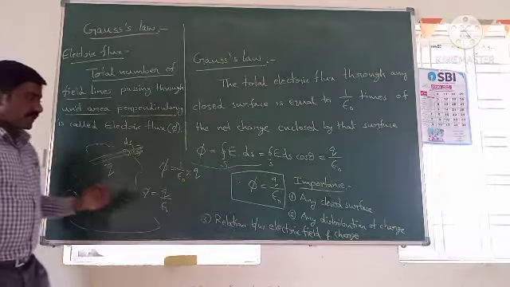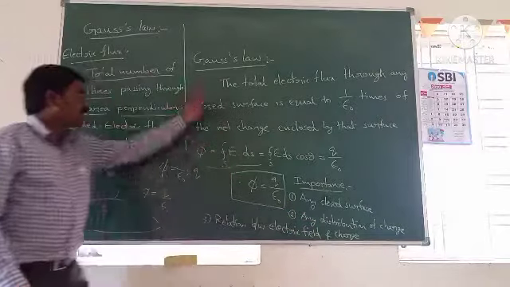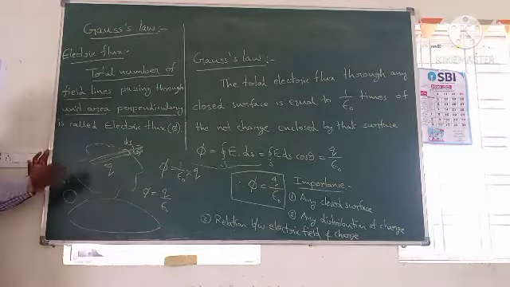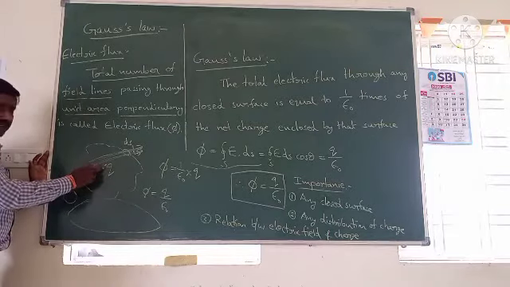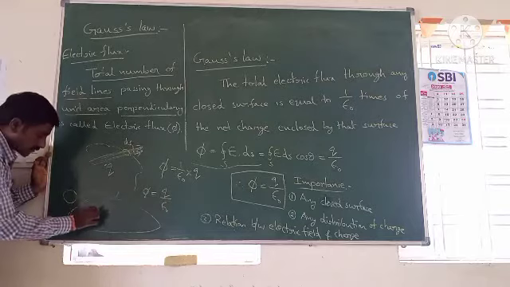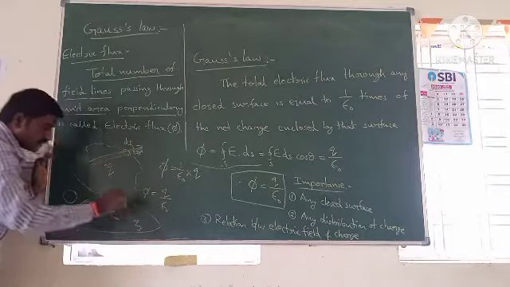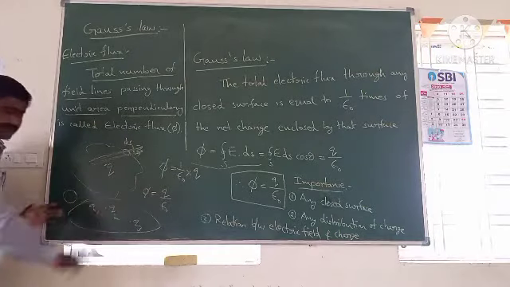The second importance is any distribution of charge. Gauss law can be applied for different distributions of charge within these closed surfaces. Here only one charge is taken. For example, here some charge is Q1, here Q2, and here Q3, so this closed surface encloses three different charges.